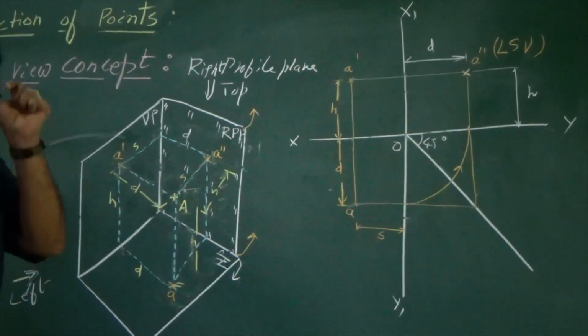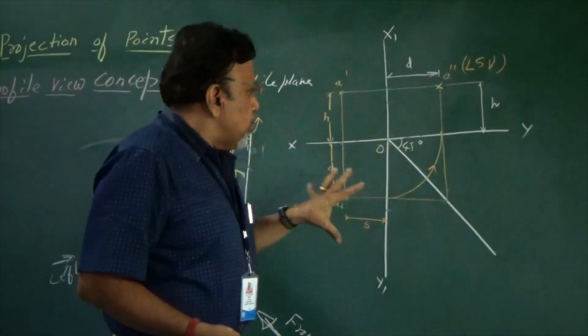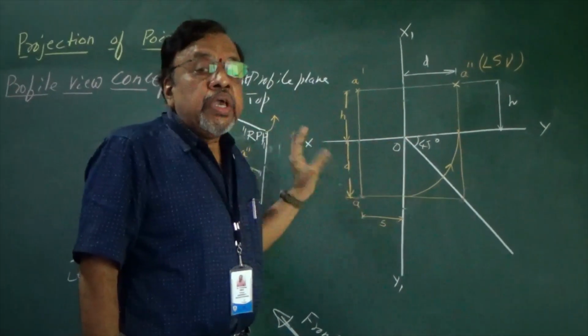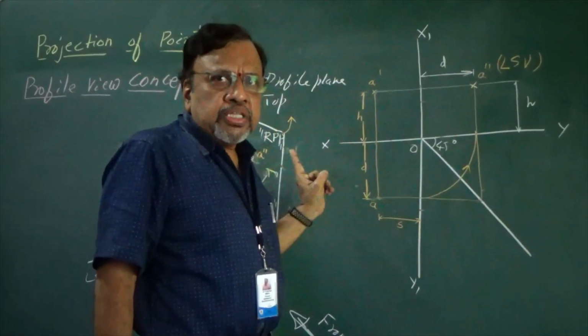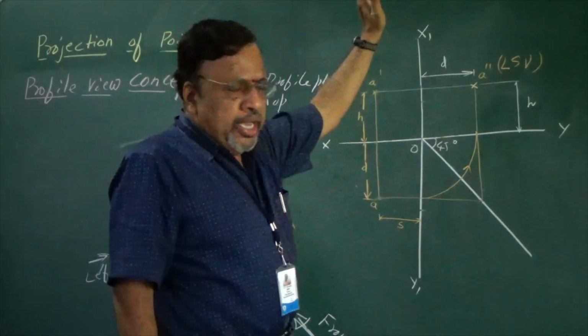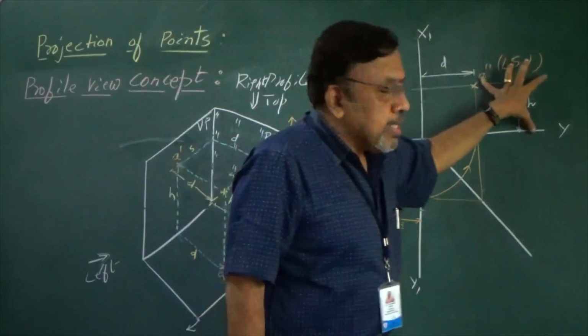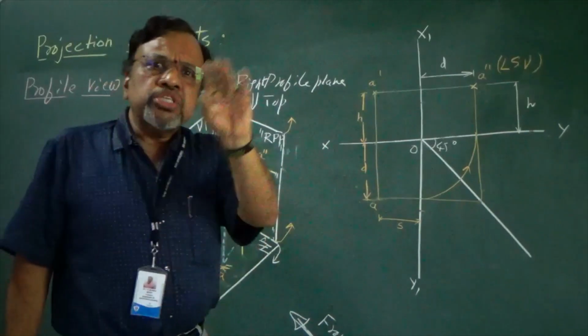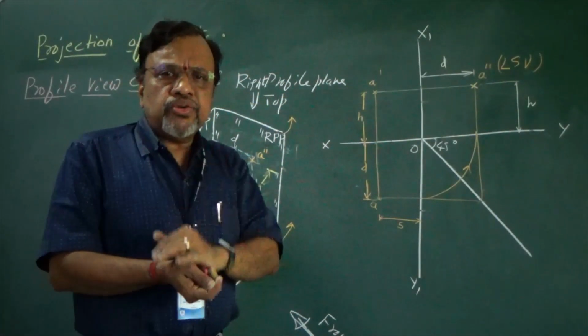So for a first angle projection problem, if I want you to draw the left side view, you should remember that it should be projected onto the right profile plane, so that your side view is going to come onto your right side. Now, in general, let us say I want you to draw the right side view. Then how do you get it?